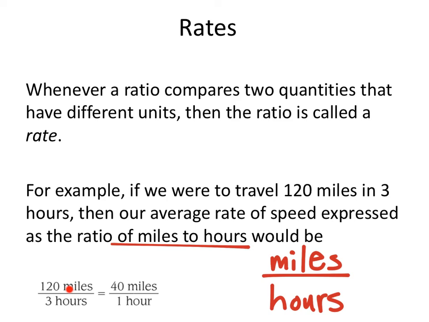Now does that mean you could have written it as an hours to miles ratio? You could have. But they said it's a miles to hours ratio, so that's the way we wrote it. So that's another thing about rates: where you put the labels is not as important, right now anyways, as just making sure it's consistent throughout. Okay, so make sure that wherever you put the labels, just keep them there.